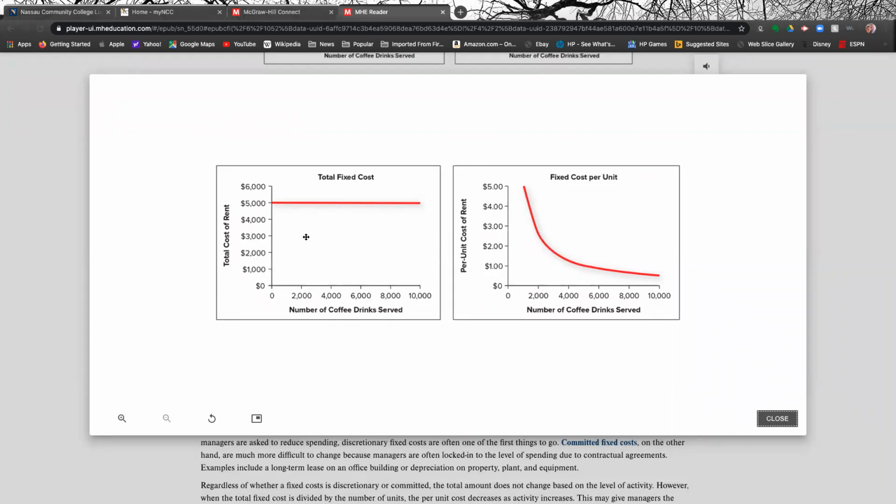I have to pay my rent every month regardless of how many cups of coffee I serve. Notice though, on a per unit basis, the fixed cost per unit decreases as the number of cups of coffee I serve increases.